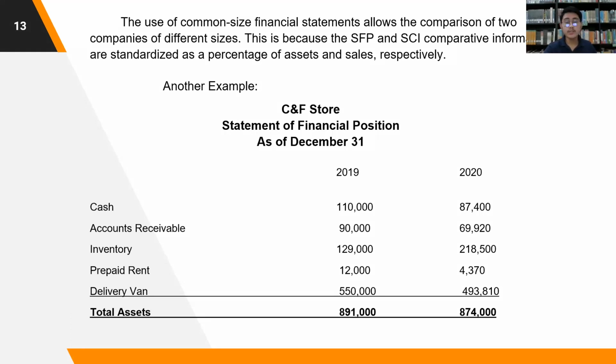So dito, the use of common size financial statement allows the comparison of two companies of different size. This is because of the SFP and the SCI comparative information are stated as percentage of assets and sales respectively. So dito class, the reason why it is important to know how to compute the vertical analysis and also the horizontal analysis is to compare the financial statements of the business.